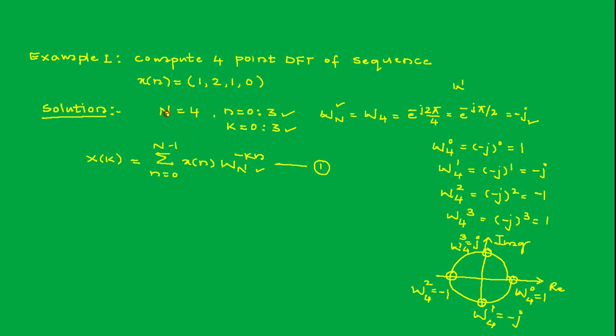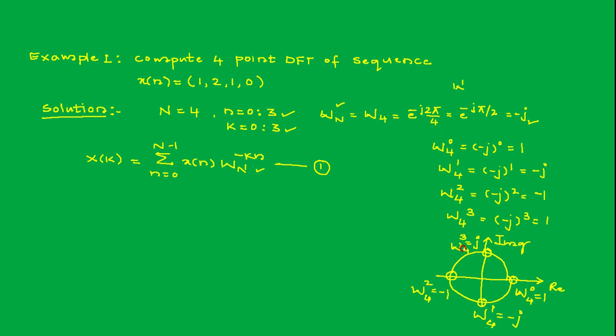Once you write down capital N as well as small n and k, you have to find out how many twiddle factor values we need to compute the 4-point DFT. Since it is a 4-point DFT, we need the 4 twiddle factor values, from W4 superscript 0 to W4 superscript 3, where the subscript 4 is the length of the input sequence.